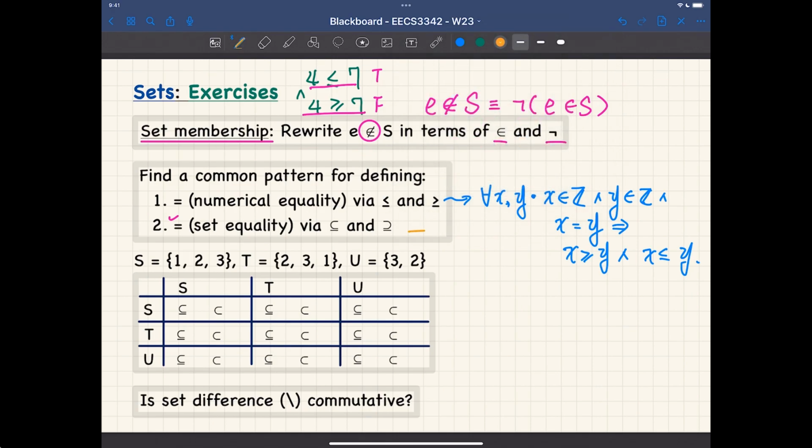So for this one here, what you can do is something even simpler. If S equals T, that implies S is a subset of T, and also S is a superset of T at the same time. Right? Of course, you can definitely argue the other direction is also true. But I'm just trying to make the pattern very similar.